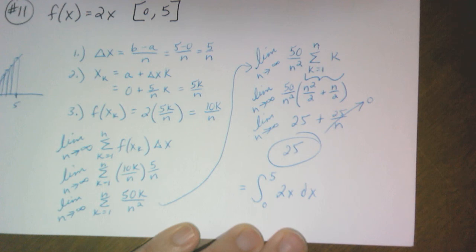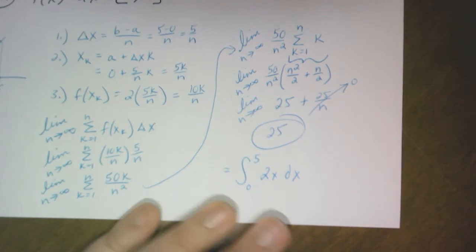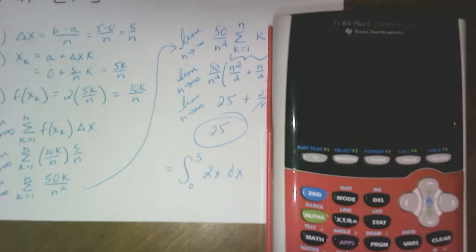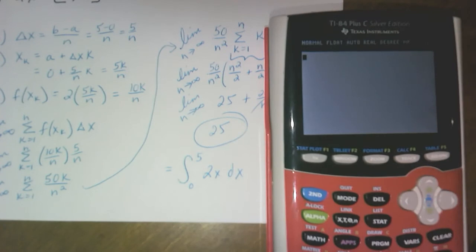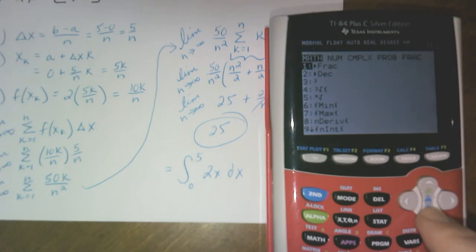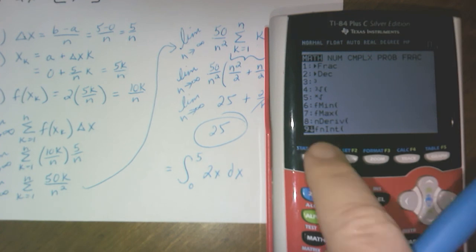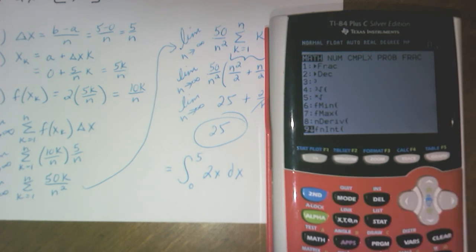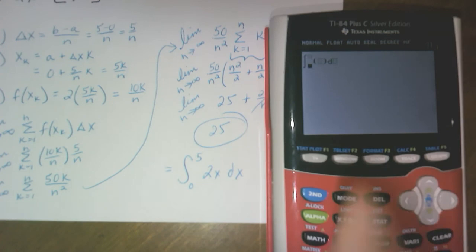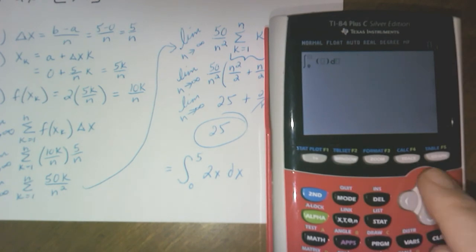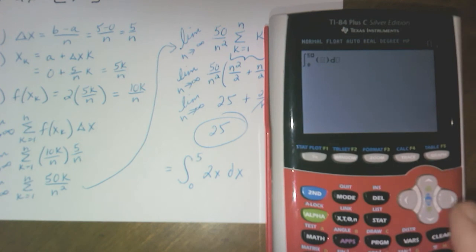Now I want you to go to your amazing calculator and hit math and go down to number 9, fnInt. You're going to put 0. Above that, you're going to put 5.